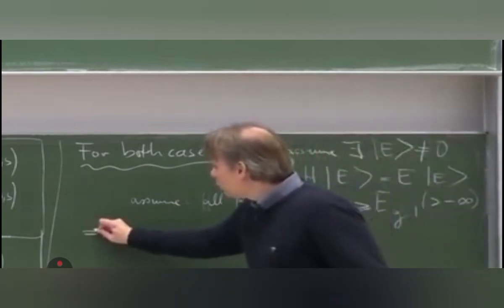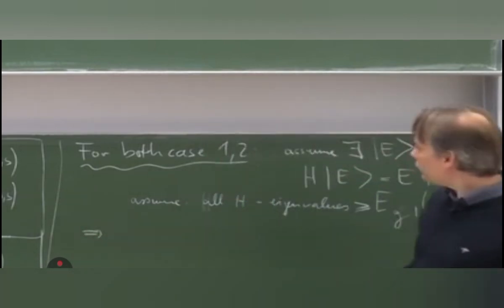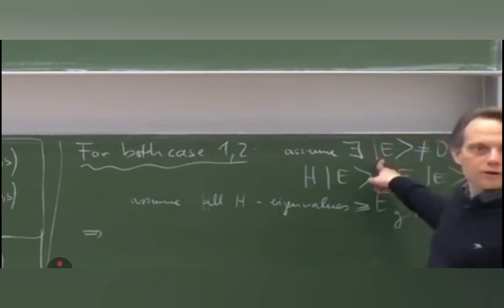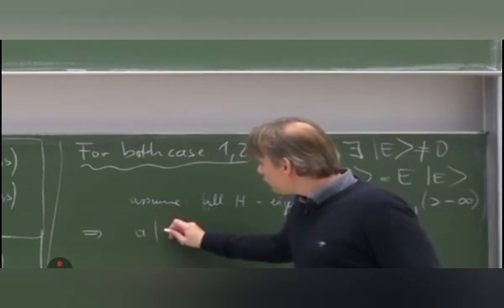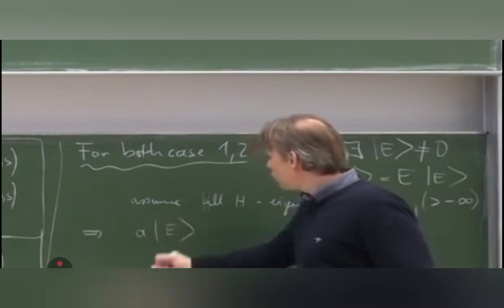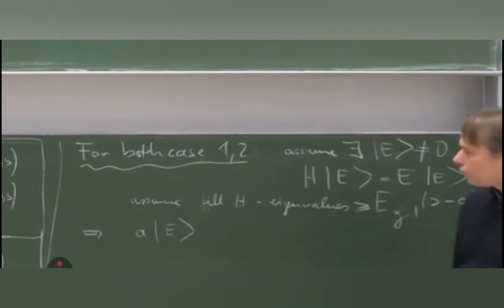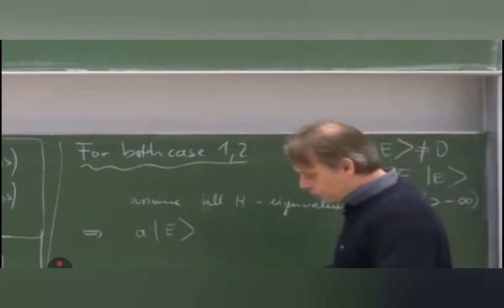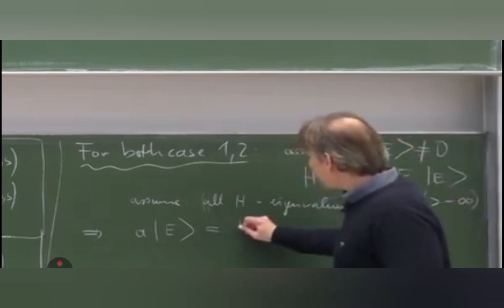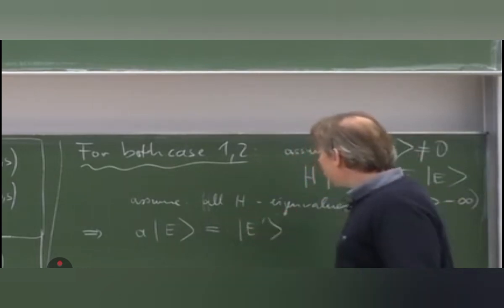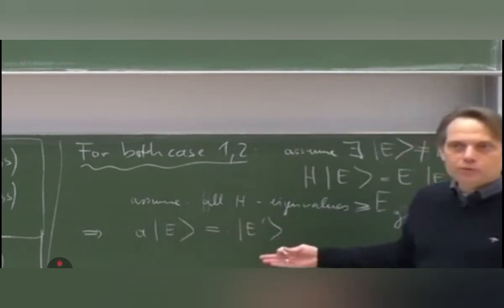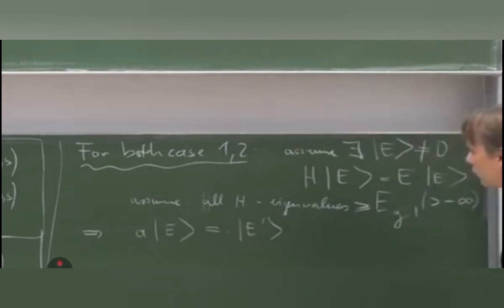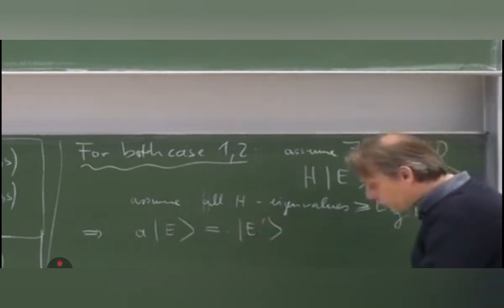Then what did you do in quantum mechanics? You start with this energy eigenstate and you hit on it with the annihilation operator, A on E. That gives you some result. And if you construct your operators on the Hilbert space, then that result must be an element of your Hilbert space of states. So this is some well-defined state, E prime.